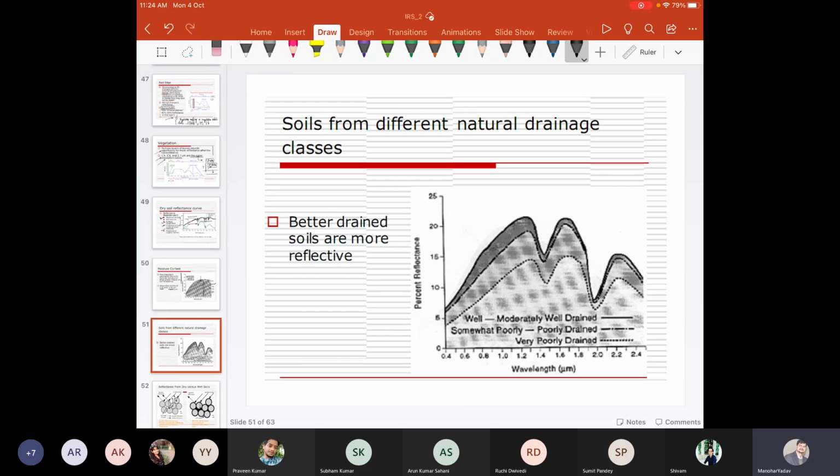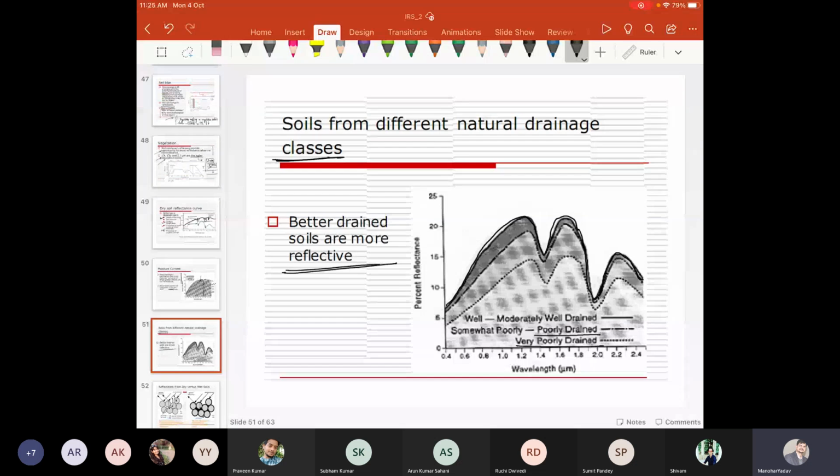Now, soils from different natural drainage classes. If soil is better drained, it is more reflective. It means if you see the curve over here, the first plot indicates the better drained soil, while in the second case, the poorly drained, it means there is water content, and in the third case, it's very poorly drained.